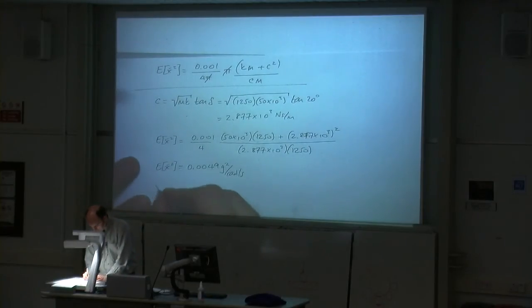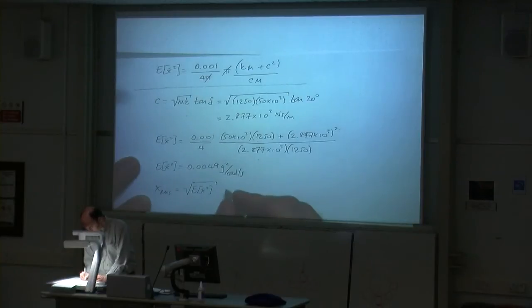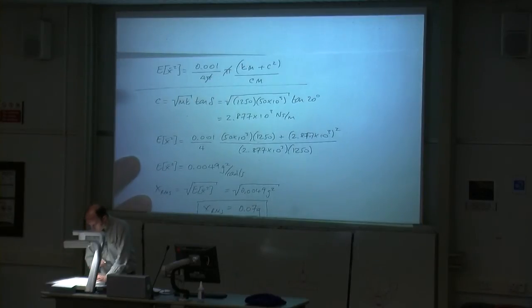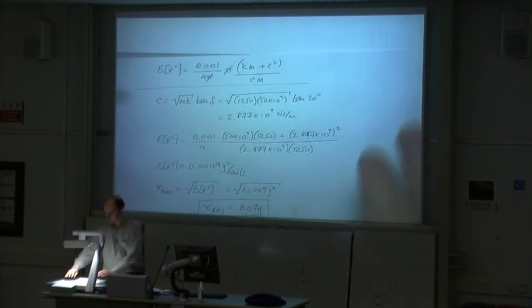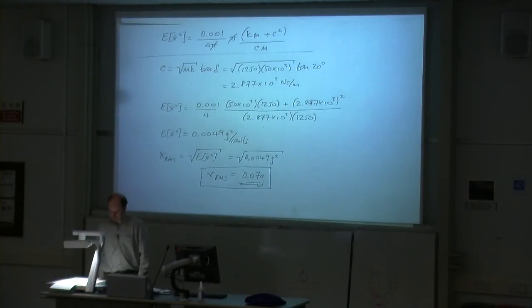And obviously x RMS is the square root of the x squared. So the answer, x RMS, is 0.07 g.